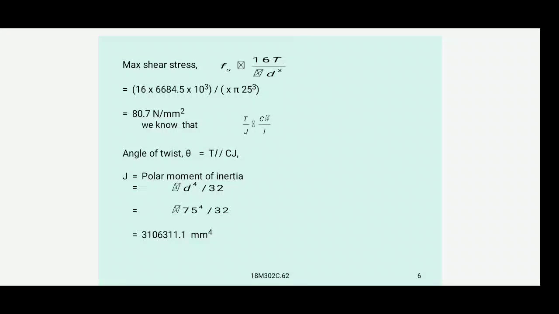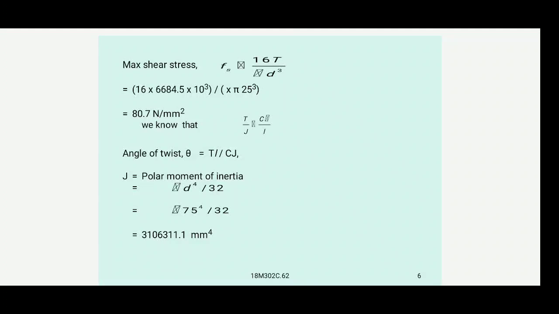Maximum stress Fs is equal to 16 T by 5 D cube, that is 16 into 6684.5 into 10 cube by 5 into 25 cube, that is equal to 80.7 Newton per mm square.